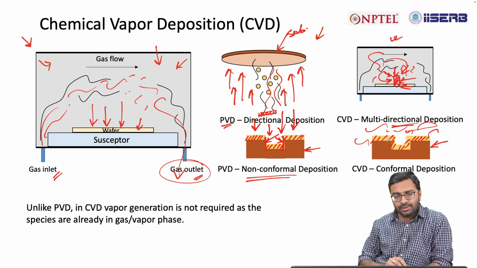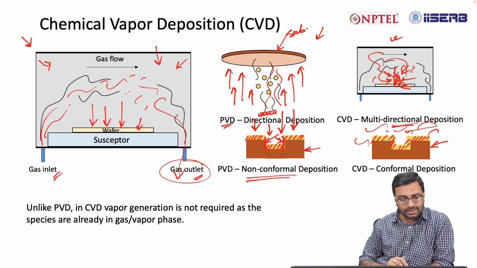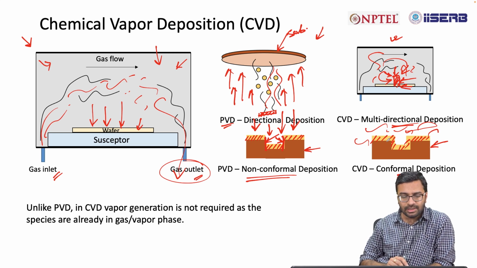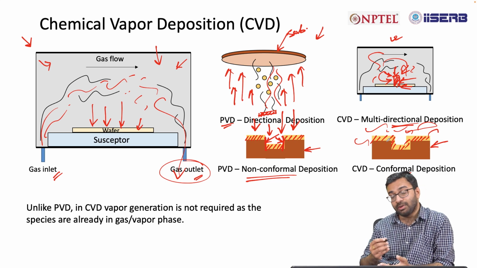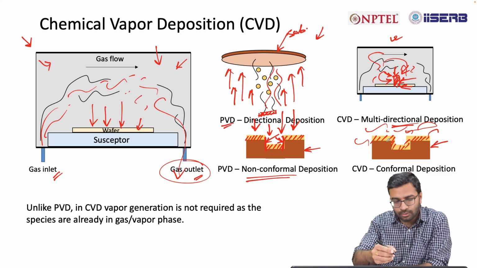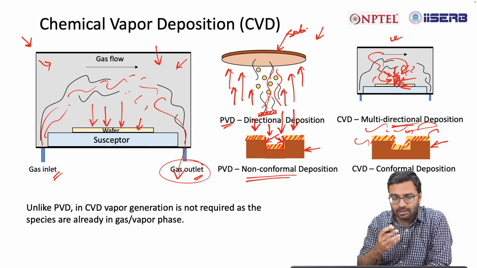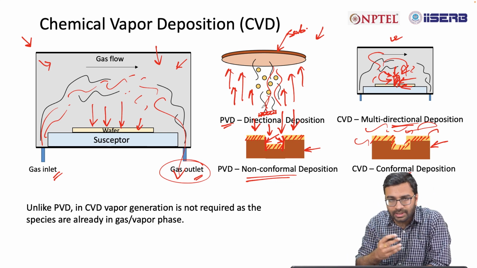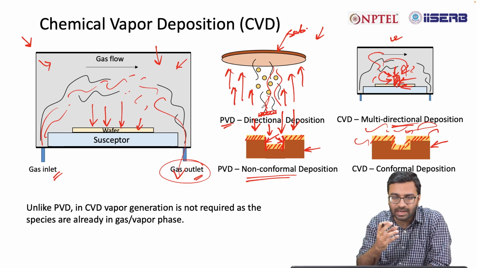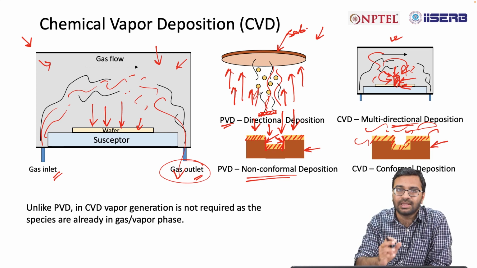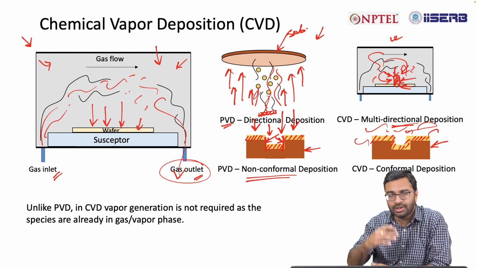One of the major differences that we have said is, unlike PVD, in CVD vapor generation is not required as the species are already in gas or vapor phase. In PVD you need to generate the vapor from the source material, that is the gaseous form of that material, so that it goes upwards and then gets deposited on the substrate on top.